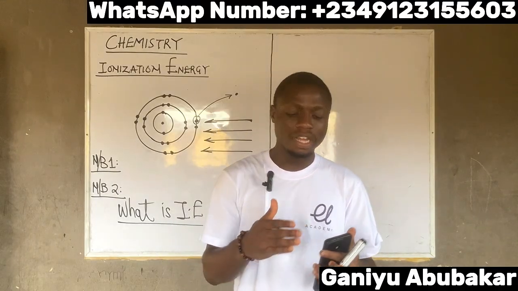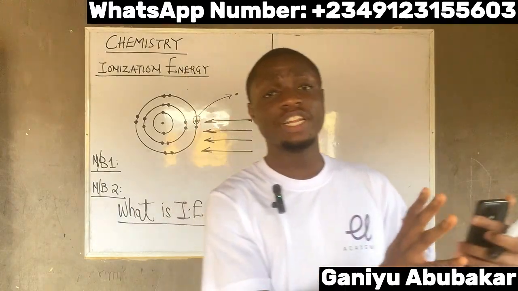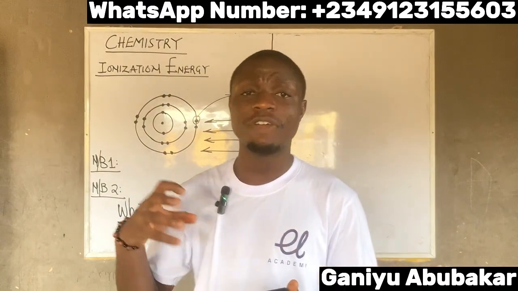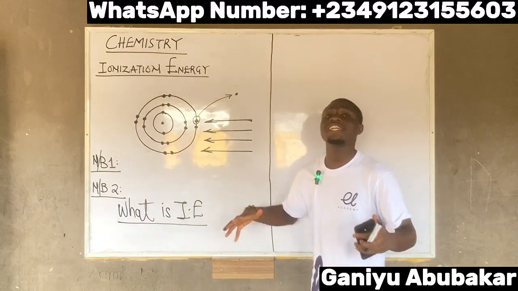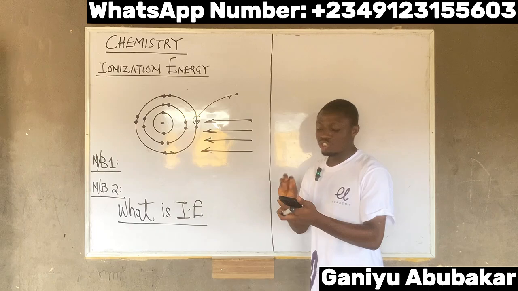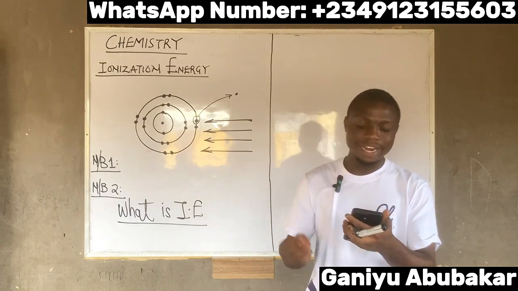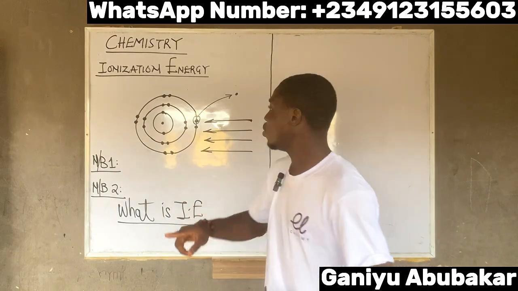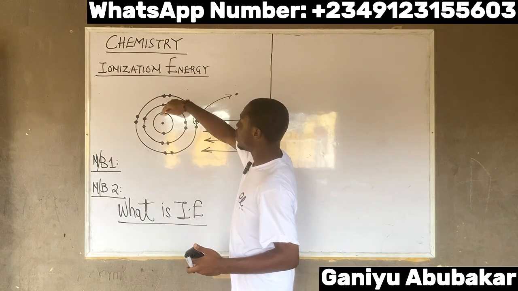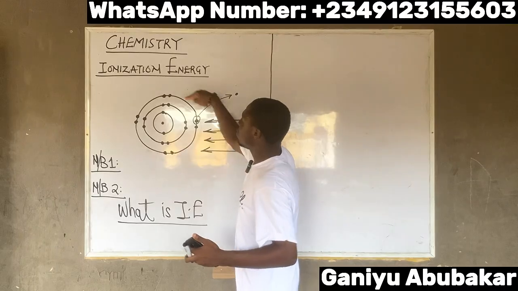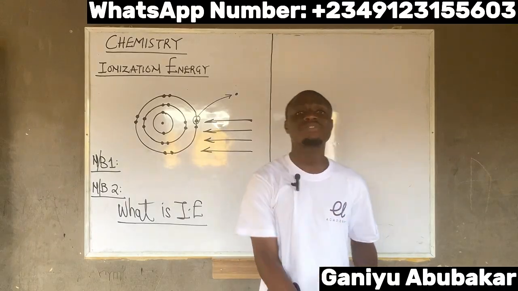I said ionization energy is the amount of energy required. So the sufficient energy required to remove an electron from the outermost shell. When I was removing this electron, I didn't remove it from here or here. It's the last shell, which is called the outermost shell.